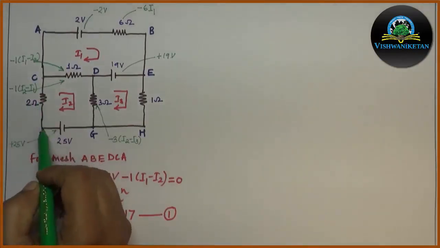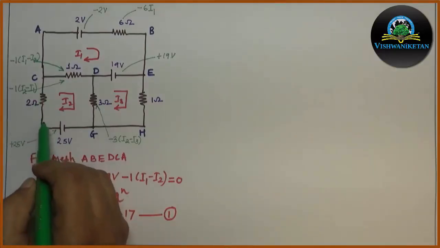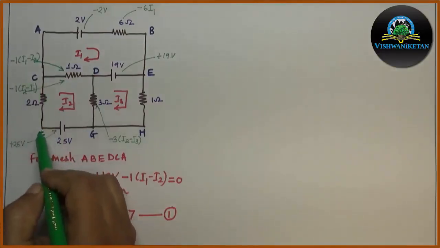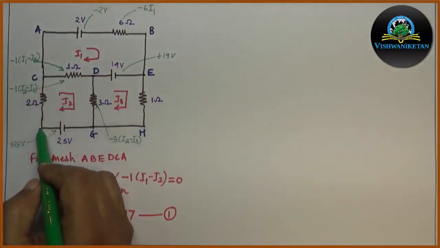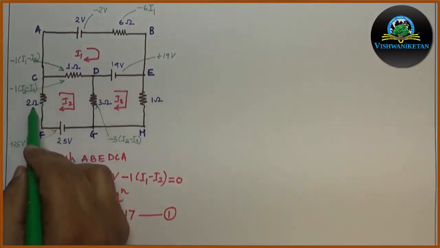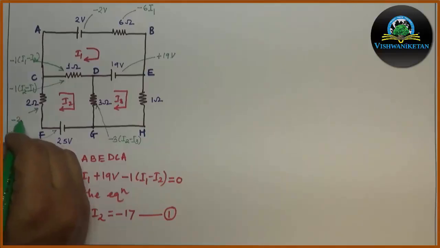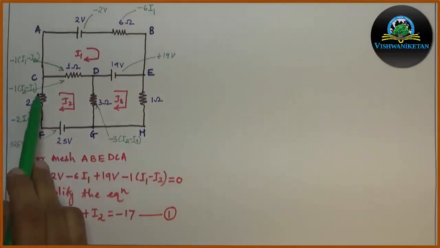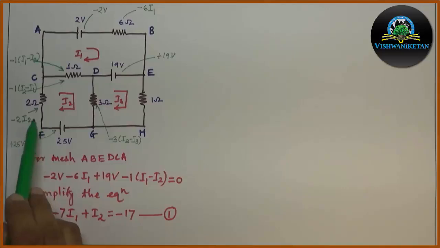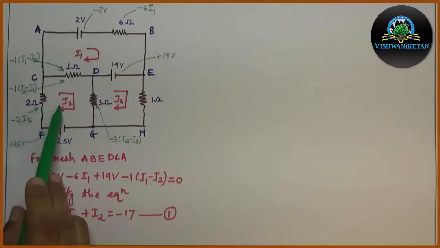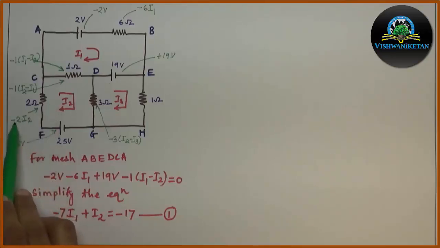The current direction in the 2 ohm resistor is from F to C, and my mesh direction is also from F to C. Hence, the voltage drop across 2 ohm will be negative and written as minus 2 I2, the minus sign because of the same direction of loop and current. Now 2 ohm is not common to any mesh, so it is minus 2 I2.